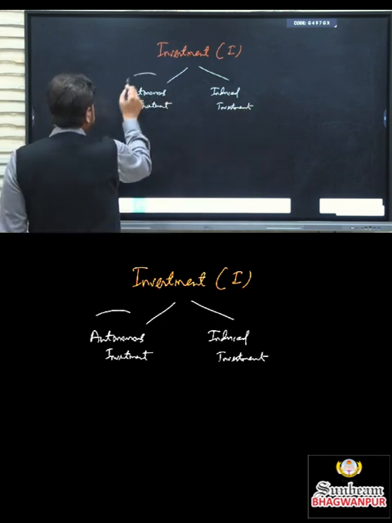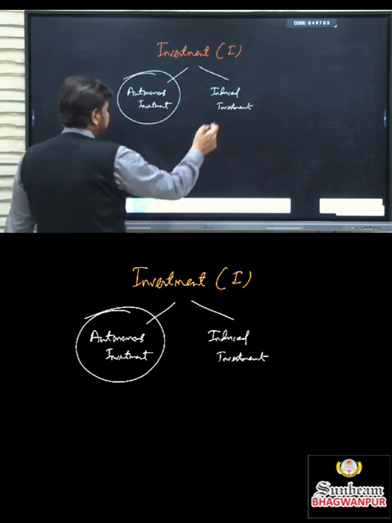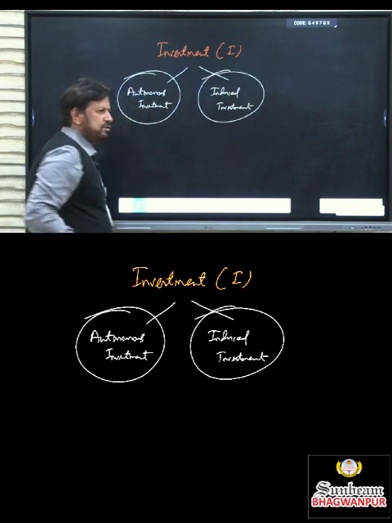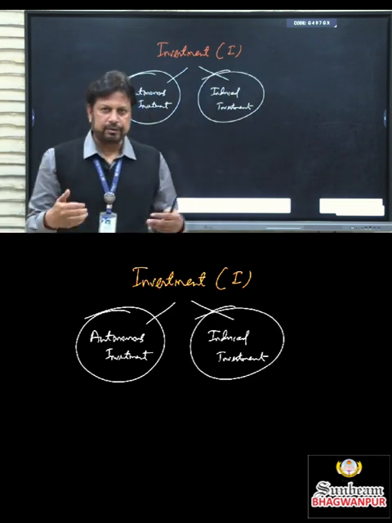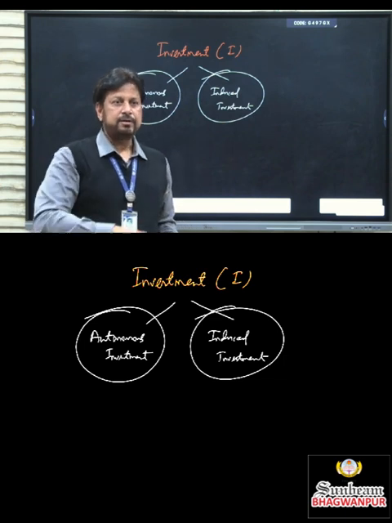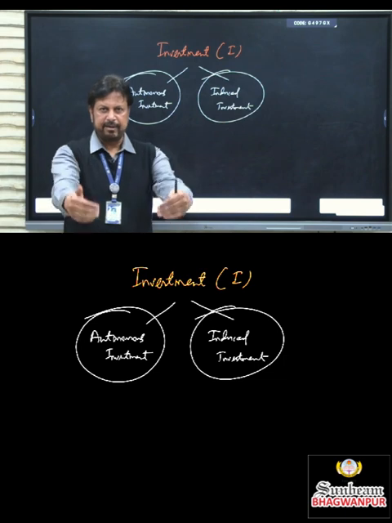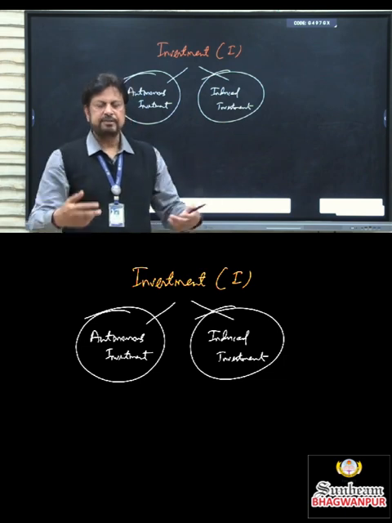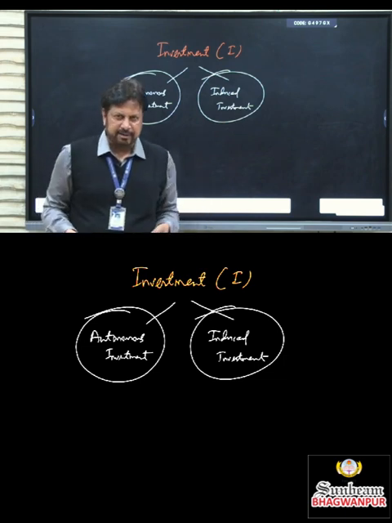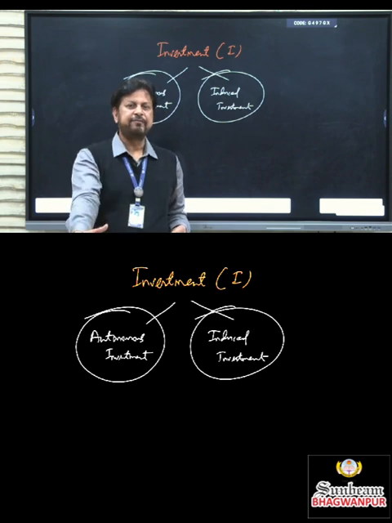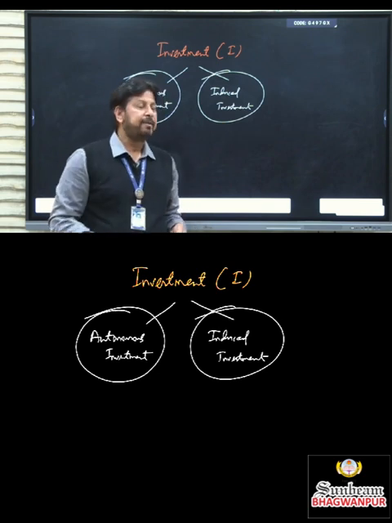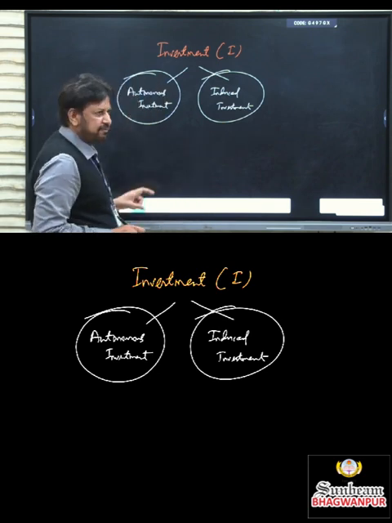Autonomous investment is the investment that is normally done for social welfare, and so does not depend upon the level of income. So even if the income is 0, there is some positive investment in the economy, and that positive investment at 0 level of income is autonomous investment.